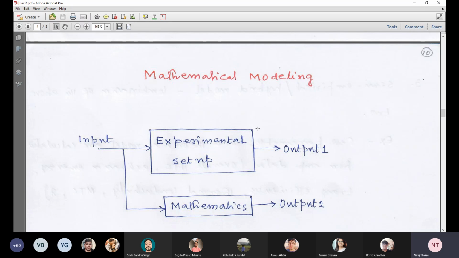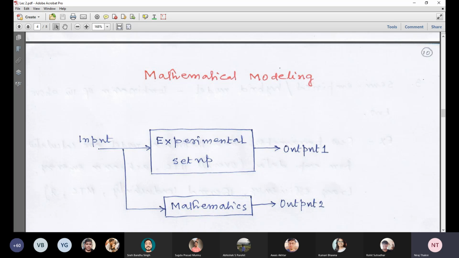We are giving the same input, but we are getting different output. Now, if these two outputs are close, in that case, we can say that our mathematical equations are reasonably correct, or our model is reasonably correct.